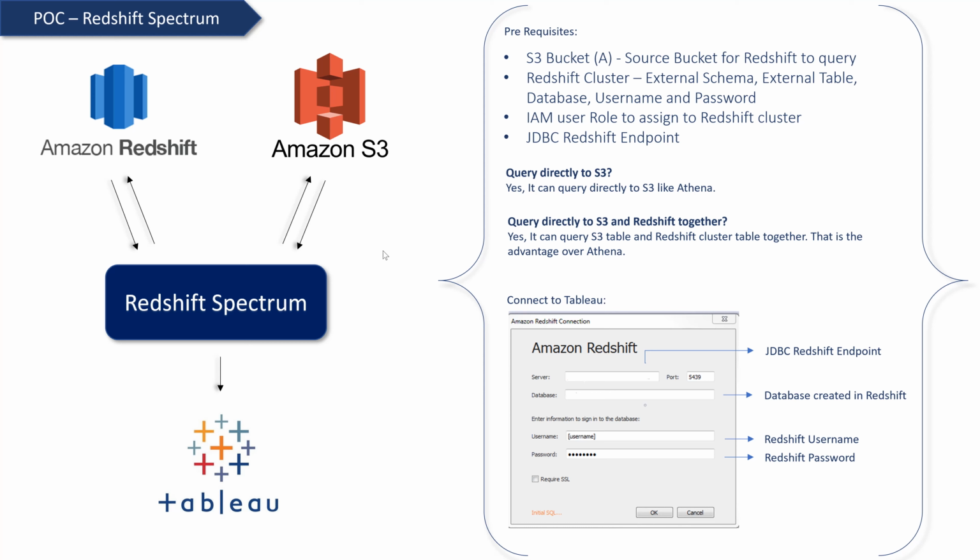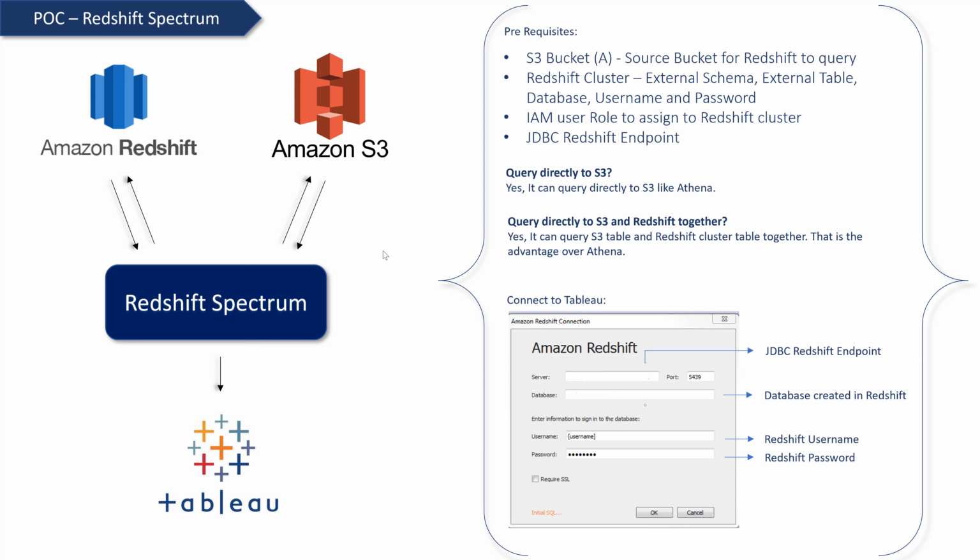So guys, the major difference between Amazon Athena and Redshift: Amazon Athena connects to your S3 bucket, but Redshift Spectrum can connect to your S3 bucket as well as the tables which are in Redshift itself. So Redshift Spectrum, as you know, is a part of Redshift, so it can query on a Redshift table, plus you can join that table with the S3 table.